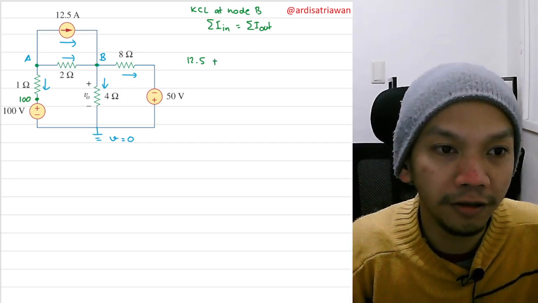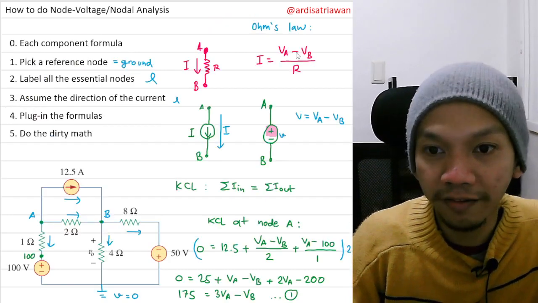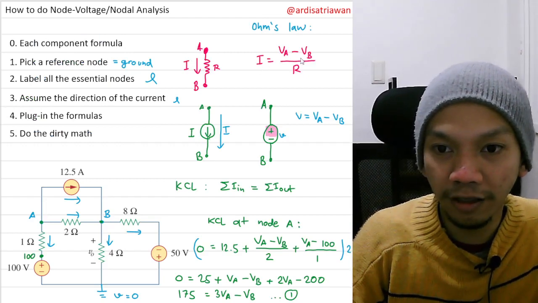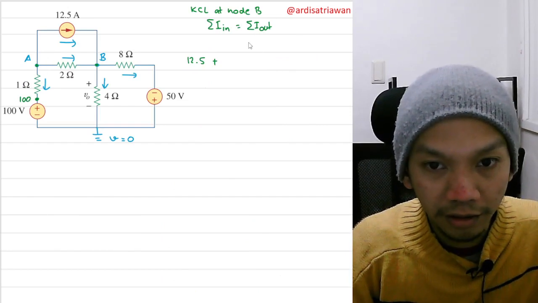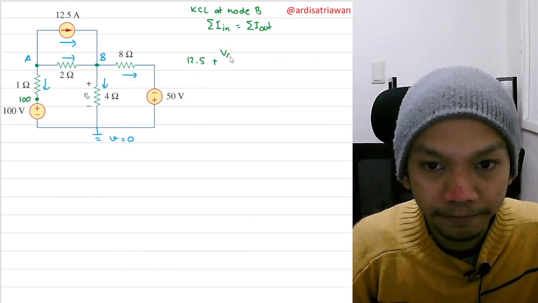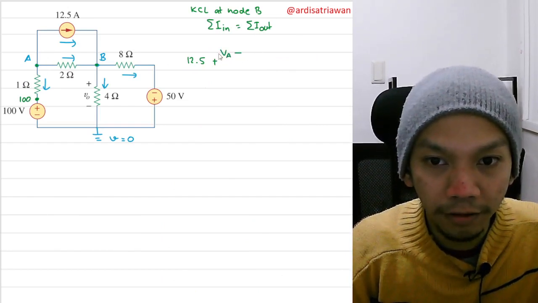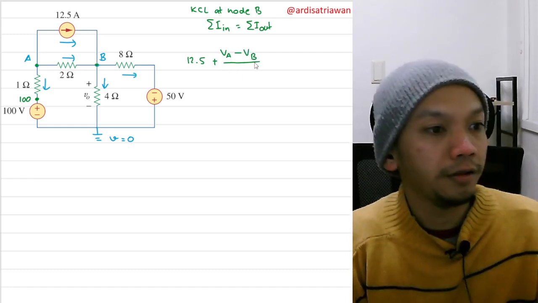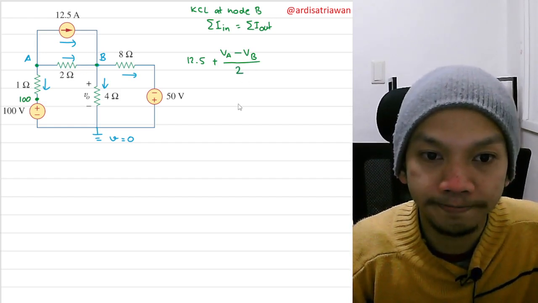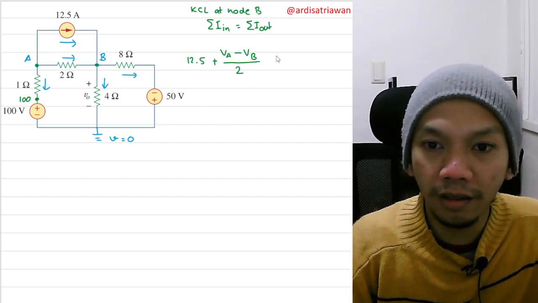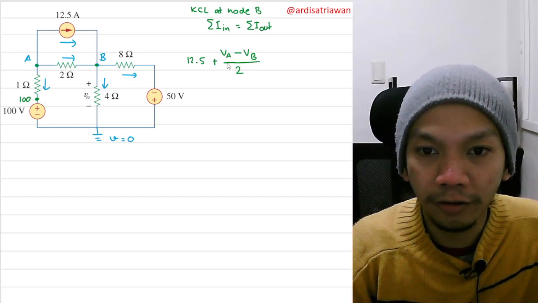So remember, if we have a resistor, the formula is I equals VA minus VB divided by the resistance between them, and the resistance between them is just 2 ohm. And then yeah, this is all the currents that go in.